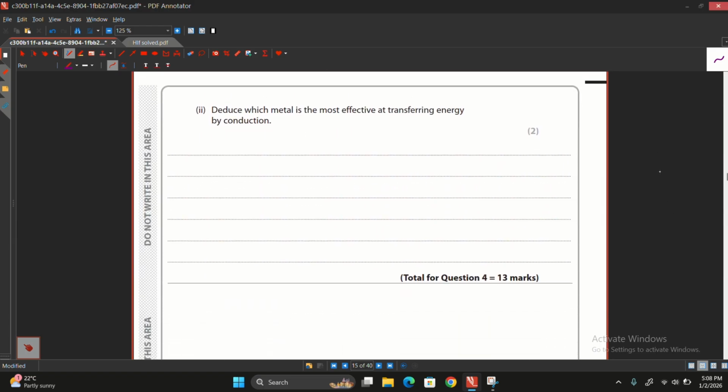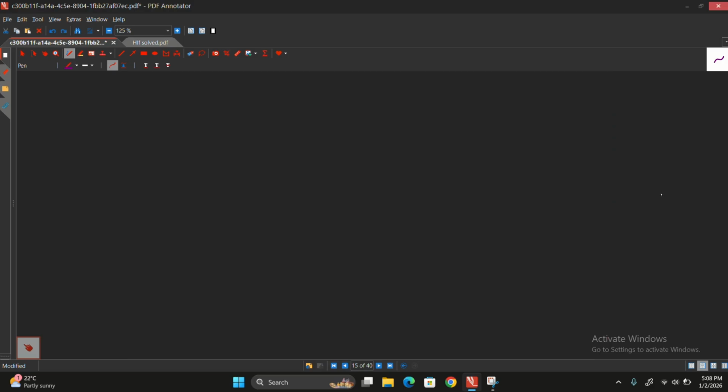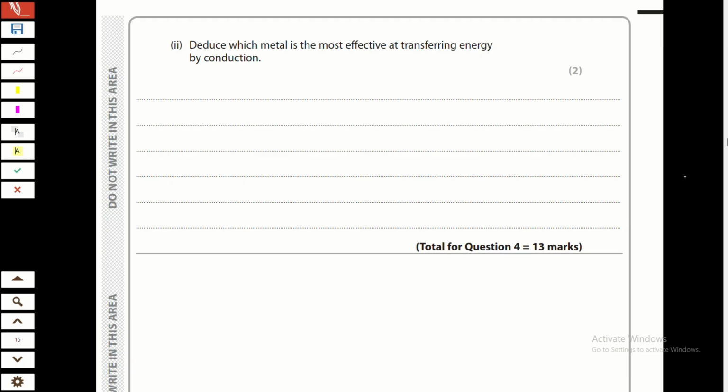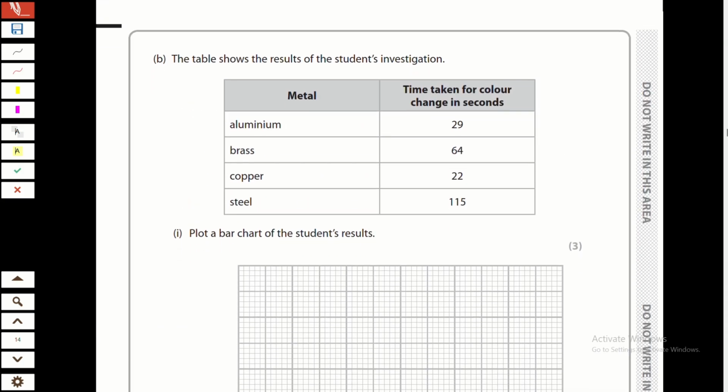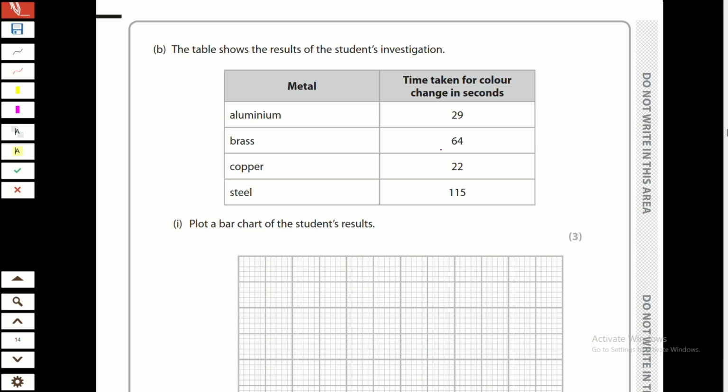Moving ahead, we have another question, which is to deduce which metal is the most effective at transferring energy by conduction. The most effective metal would be the one which requires the shortest time for its top temperature sensitive strip to change color. If you look at these values, 29, 64, 22, 115, among all these values, 22 is the least.